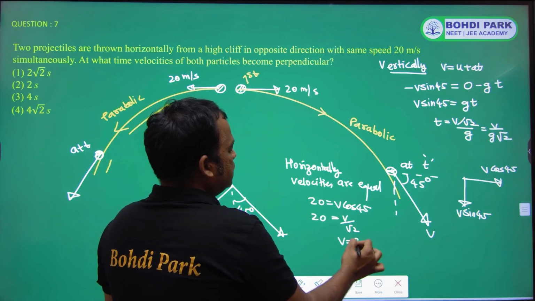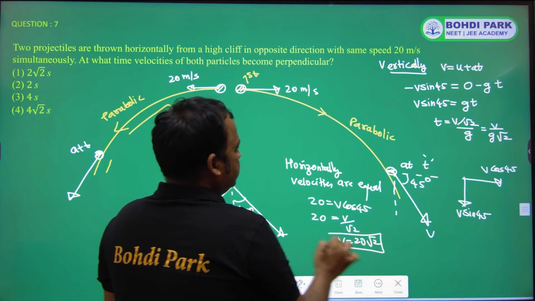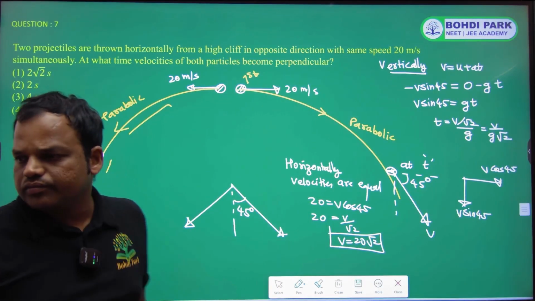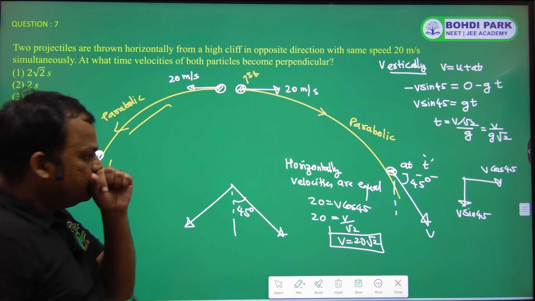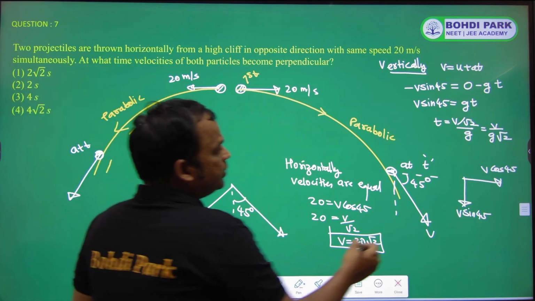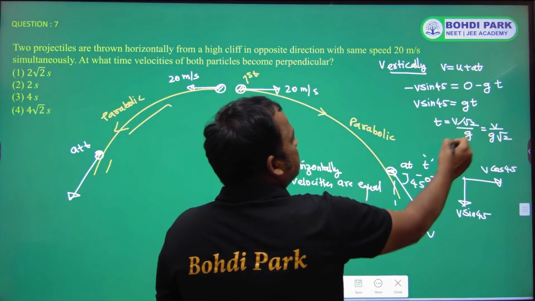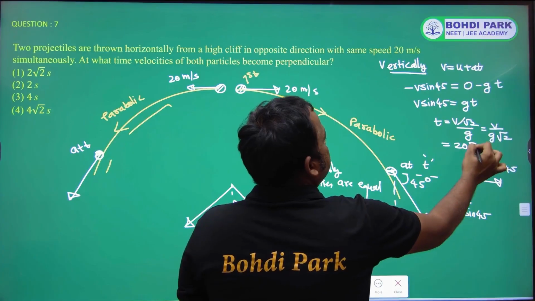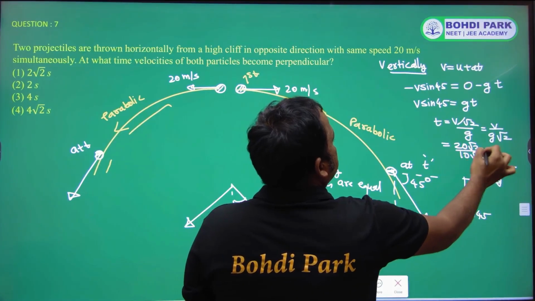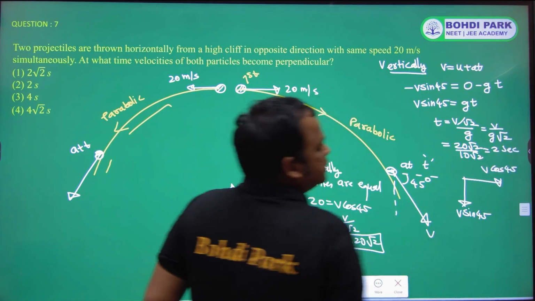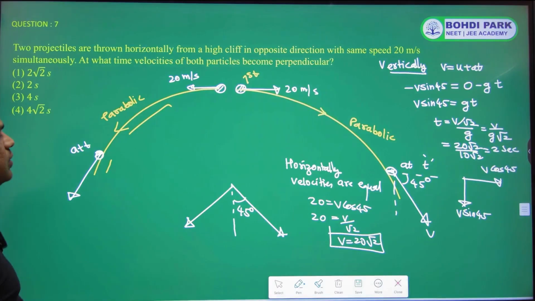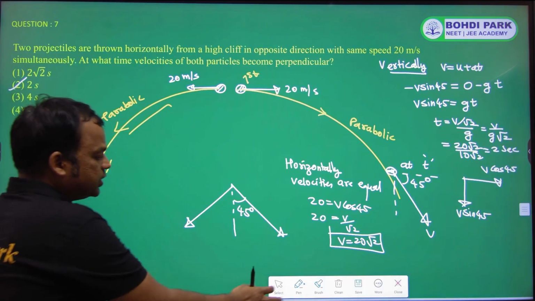So V is equal to 20 root 2. So we have time is equal to 20 root 2 by 10 root 2. So this is 2 seconds. After 2 seconds, the velocities will become perpendicular. So second option. Finish. Now next question.